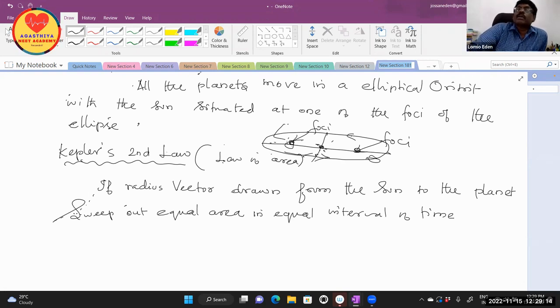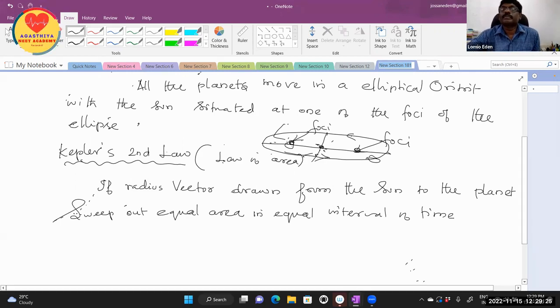The radius vector drawn from the sun to the planet sweeps out equal areas in equal intervals of time. For example, consider this ellipse.